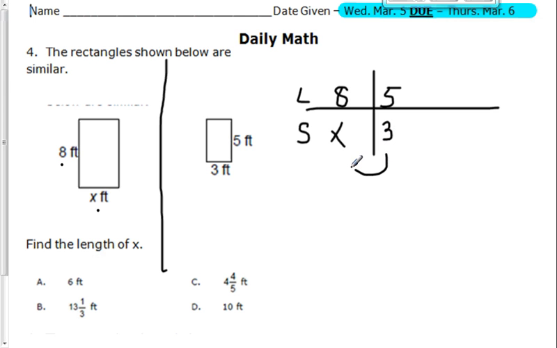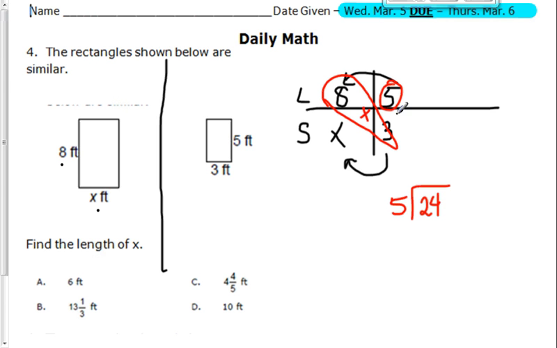This is where our value is, so we want to go this way. And the 5 can't go into 8 evenly. There's nothing I can do to reduce. So the best way here, can't go side to side. 5 doesn't go into 3. I'm going to go ahead and do my cross multiply and divide. So 8 times 3 is 24 divided by 5.